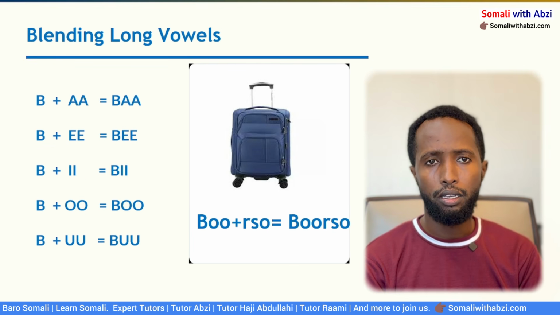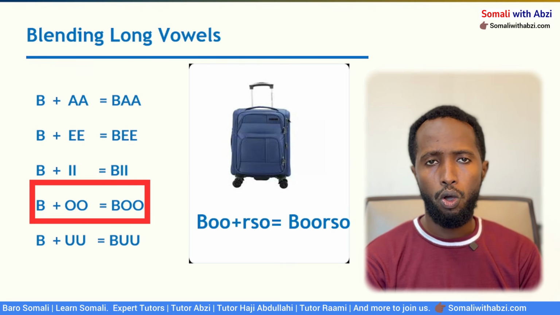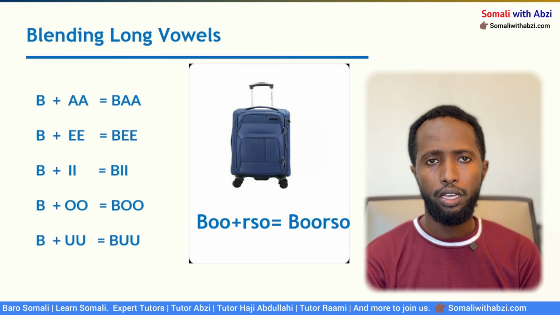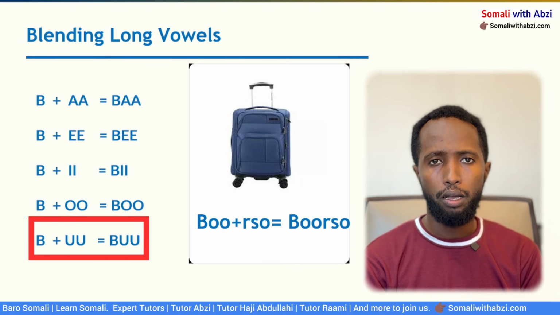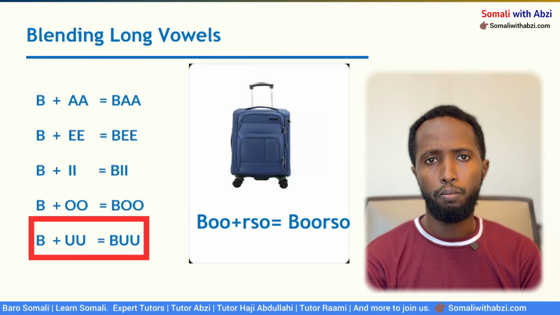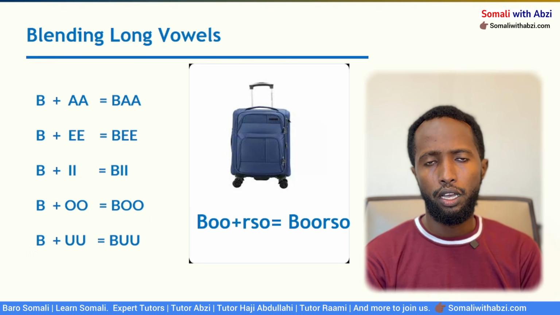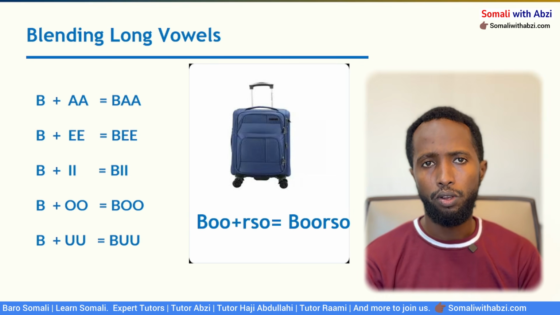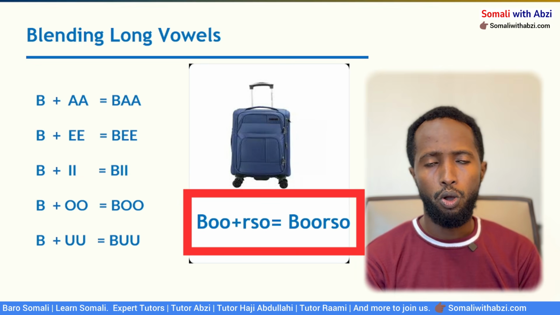And the next is ba plus o, it sounds like boo. And the last one is ba plus u, and it makes the sound like buu. And now let's have one real example which has a long vowel, which is borso. Borso has two different syllables. Borso.